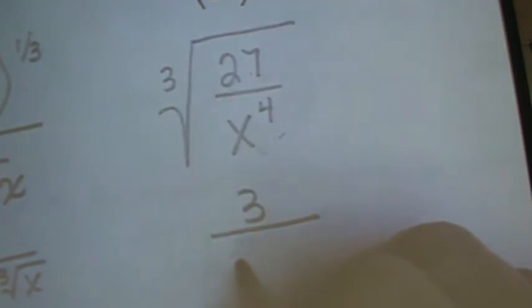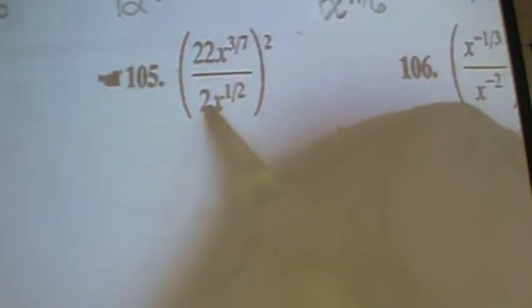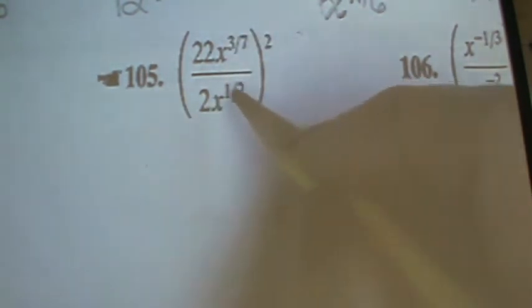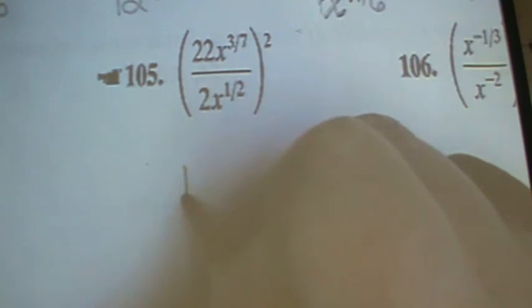And then this one, you've got the cube root of 4 of these x's. So you can take an x out, but then you'd still have 1 left, if you wanted to simplify it that way. And we've got 2 goes into 22 11 times, or you can distribute. There's a lot of different ways you can do this. 2 goes into 22 11 times. I would do that.